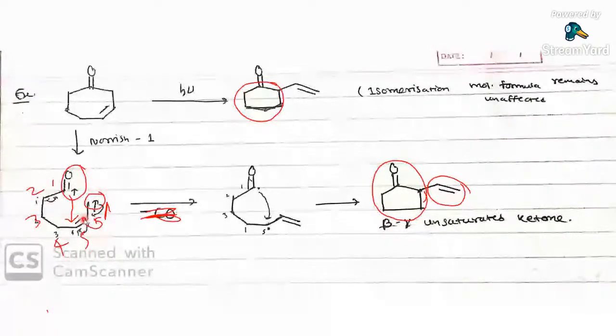That radical can form the bond with this radical. So initially the double bond, that is this bond, has been shifted to this position. The bond which was at the fifth position has shifted towards the sixth position first. Now the fifth position is having the radical, so that can combine with the CO, and as a result you are getting the beta gamma unsaturated ketone.